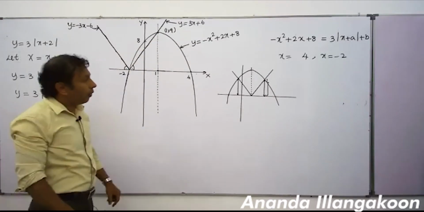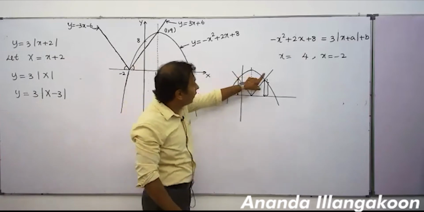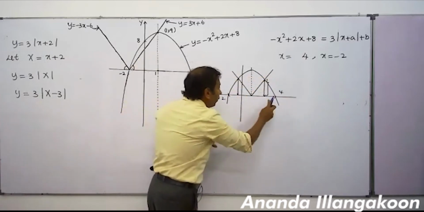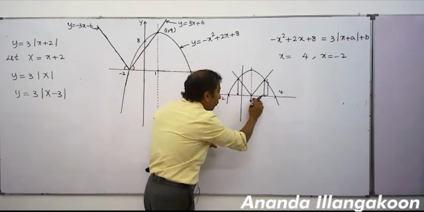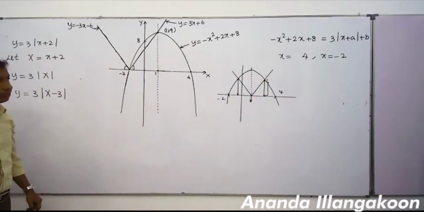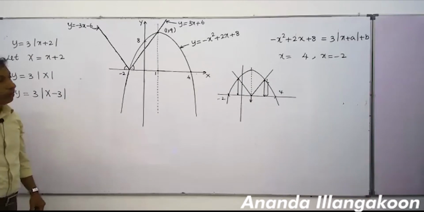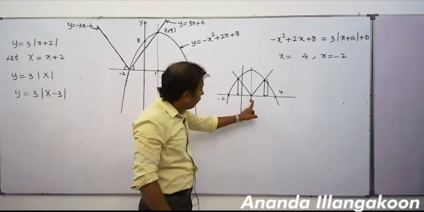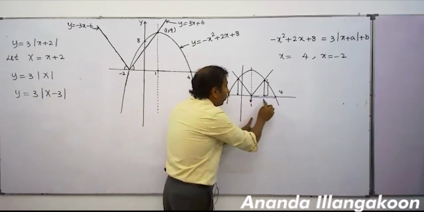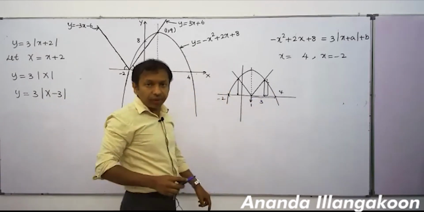Now, you know, in order to pass this branch and this branch through this minus 2 and this 4, definitely this should be taken downward. You know, this is 1. Here, this is 4. Then what is this length? 3.